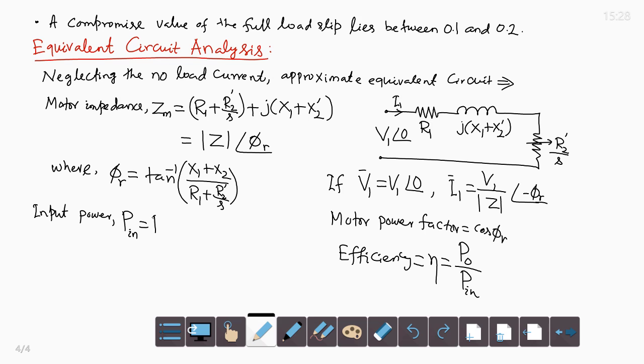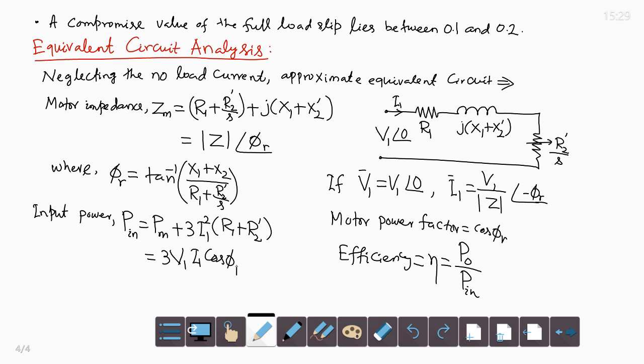That is the mechanical power Pm plus 3 I1 square R1 plus R2 dash. This is the input power, and input power can be expressed as 3 V1 I1 into cos theta 1.